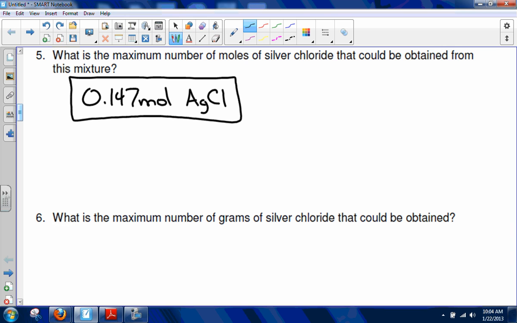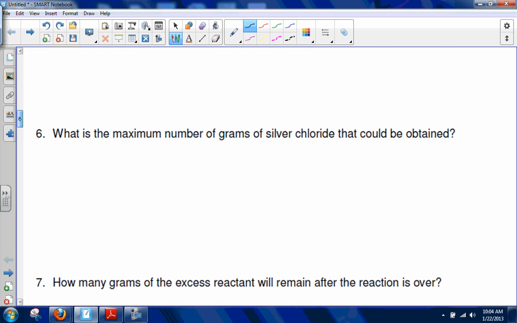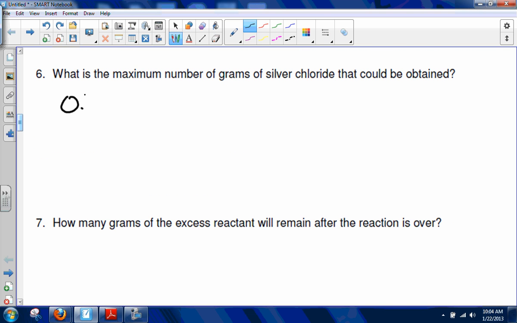Okay. Number 6 says, what is the maximum number of grams of silver chloride that can be obtained? So I'm going to start with 0.147 moles of silver chloride. What am I trying to get to?